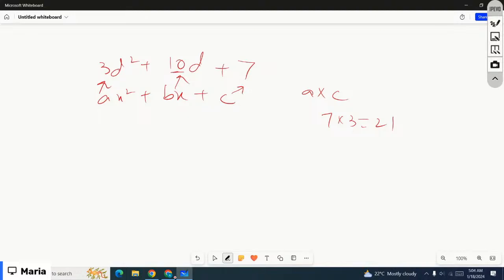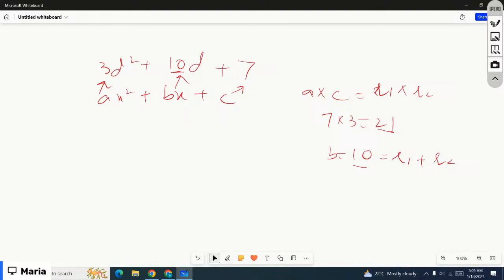Here b equals 10. So you have to find two numbers whose product is 21 and whose sum is 10. So what are the two numbers whose product is 21 and their sum is 10?